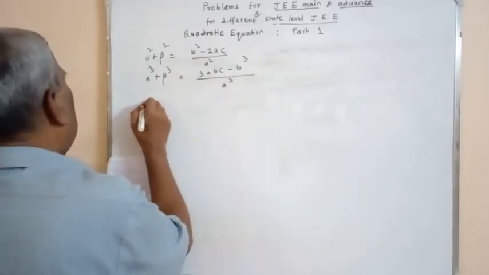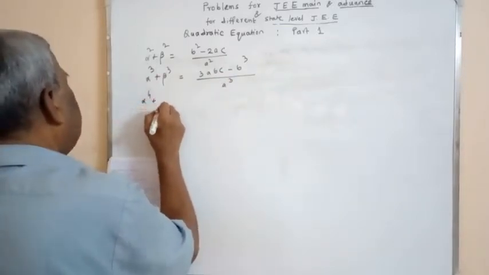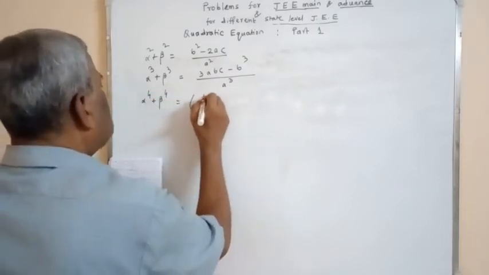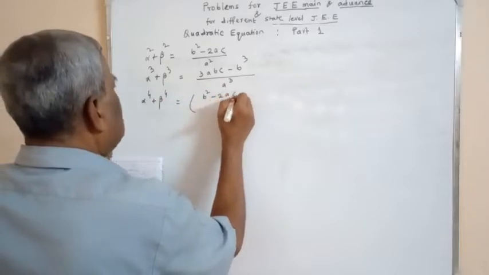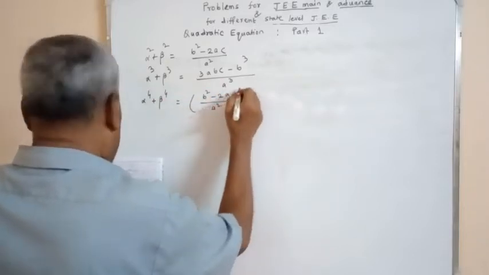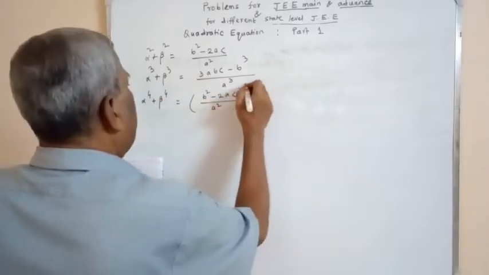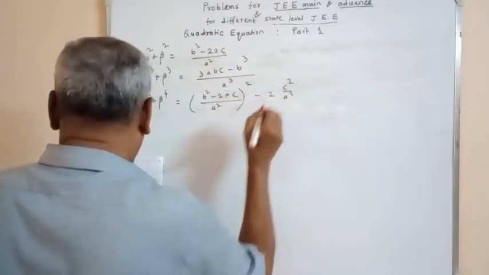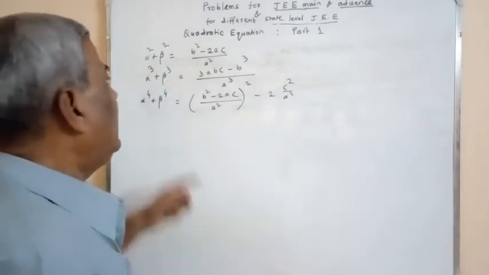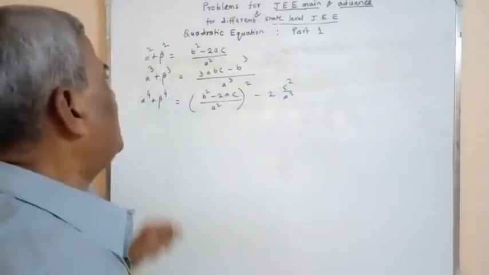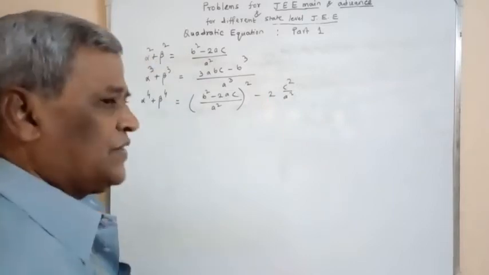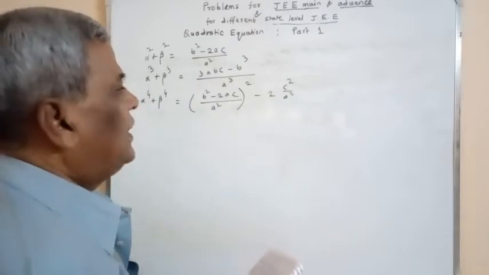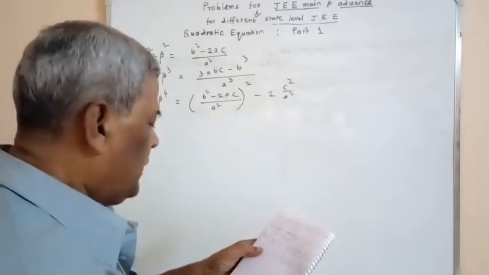Alpha to the power 4 plus beta to the power 4 is equal to ((b square minus twice ac) by a square) whole square minus 2 c square by a square. Only these three relations between roots and coefficients, if you can keep in mind, then it will save some time for solving problems.